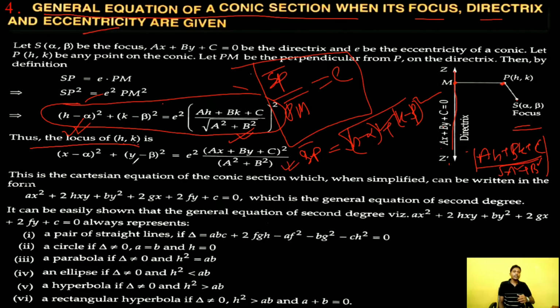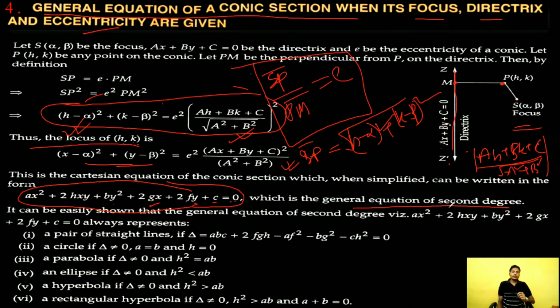If we simplify this, then we will have the equation ax square plus 2hxy plus by square plus 2gx plus 2fy plus c is equal to 0, which is the general equation of second degree.